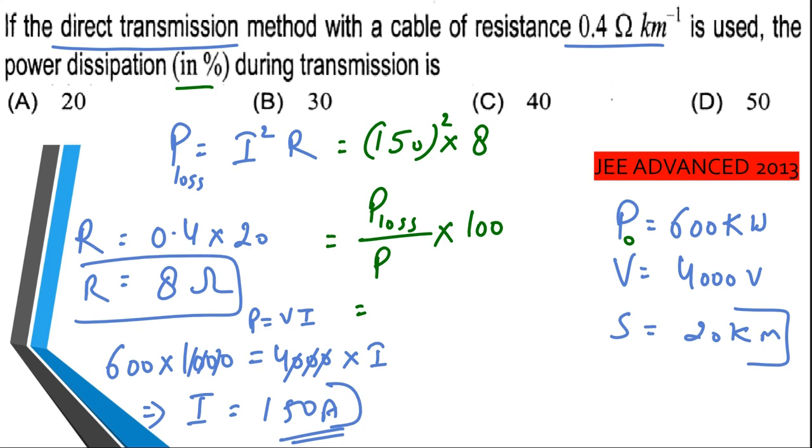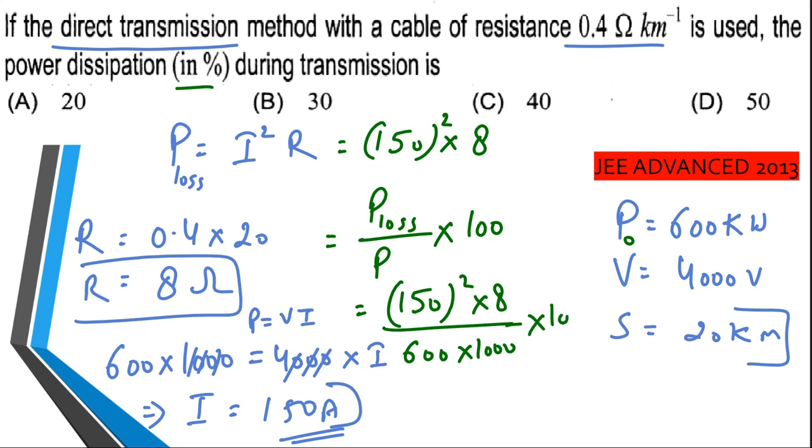We'll get our answer. 150 square into 8 upon 600 into 1000 into 100. If you solve this, you will finally get the value 30. So option B is our correct answer. So you can see even in JEE Advanced, this problem is not very typical. It is rather a scoring numerical.